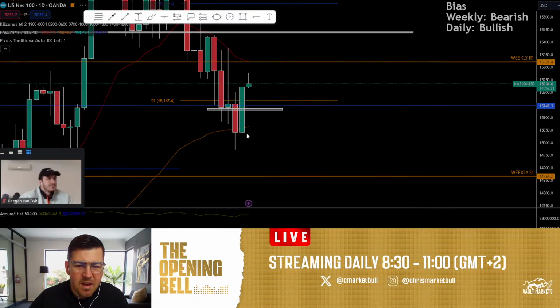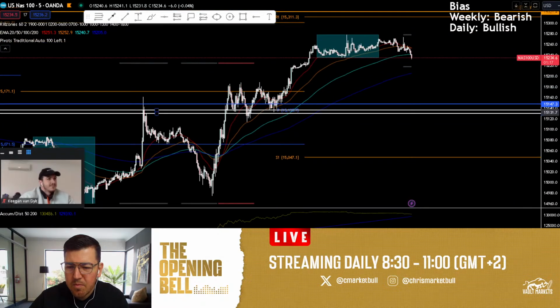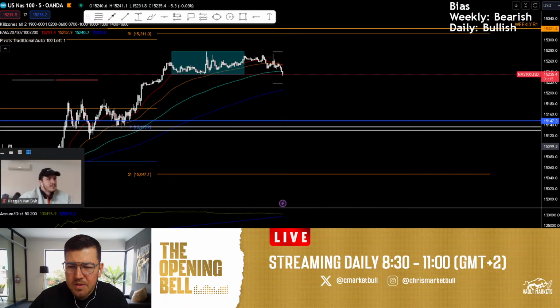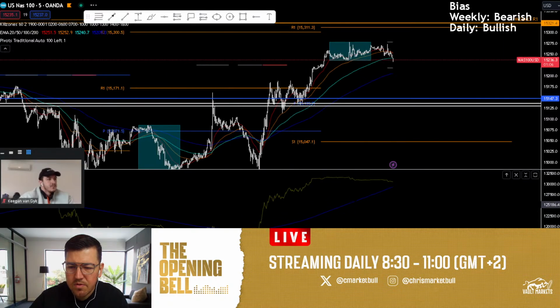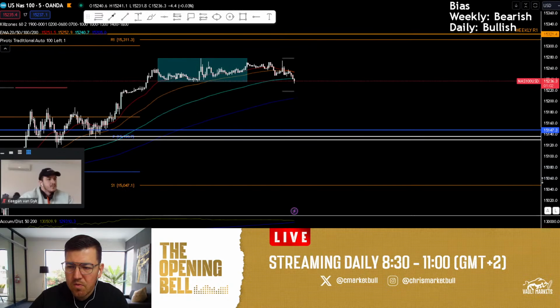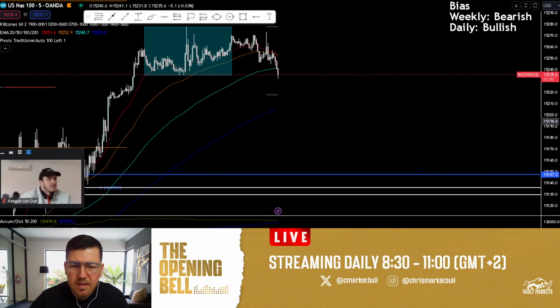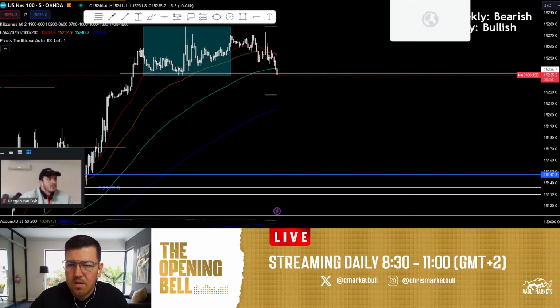And if I just frame my idea, I would say if we can get a pullback today, potentially up to this 150 area, and my AD is still bullish, as you can see it's starting to trend bullish, I would be looking for buys. Or even if we don't retrace that deep and we regain the Asia lows, I would consider buys on Nasdaq.